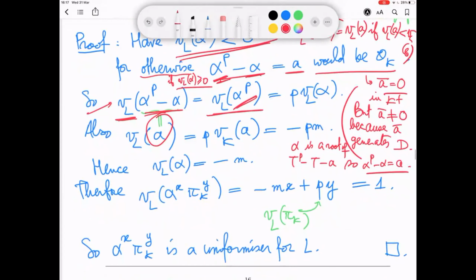That is what's being used. So I'll get this here, and that is equal to P times VL of alpha.